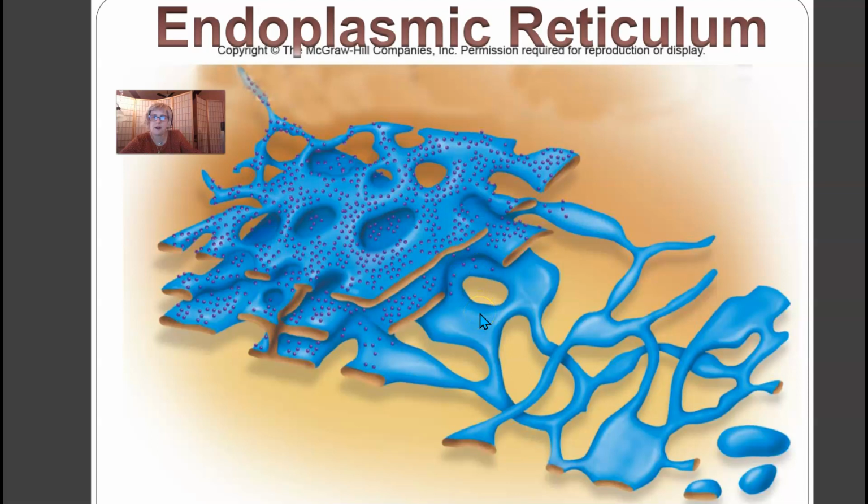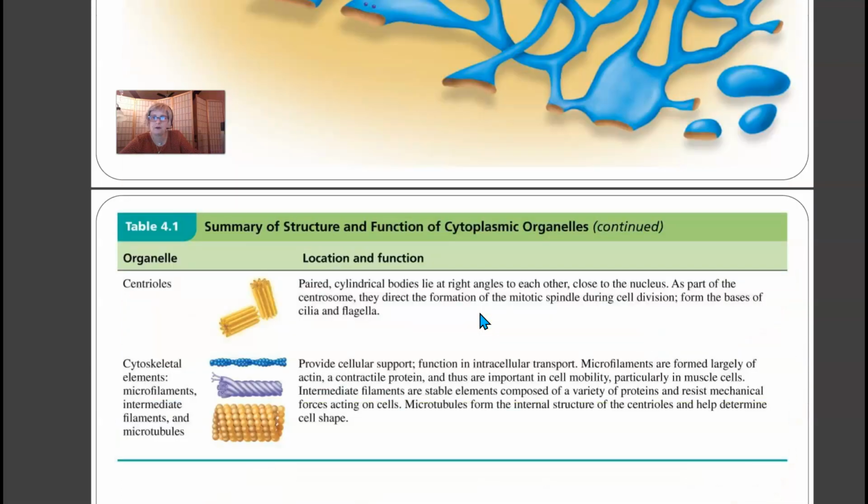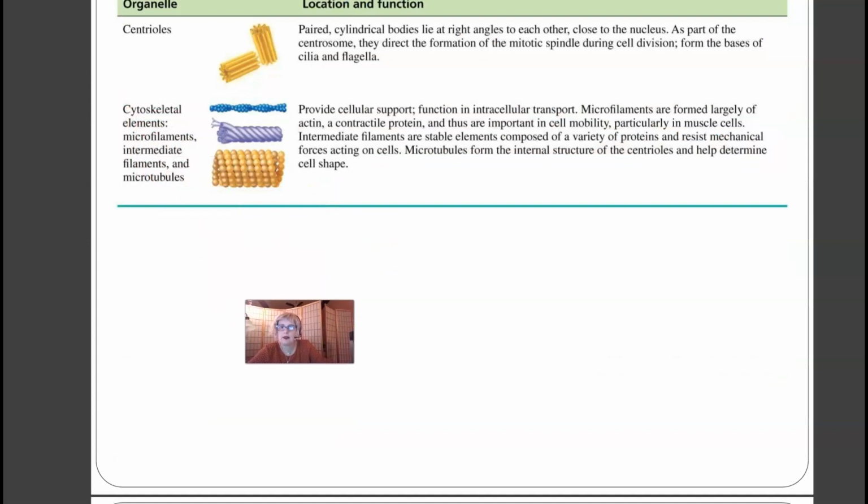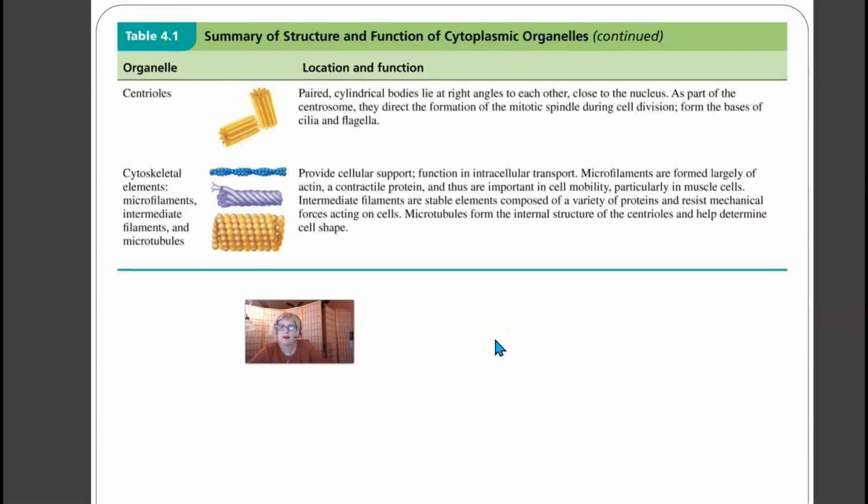Alright, let me move my thumbnail. Again, if you would like to see the definitions, here they are. This is from McGraw-Hill, and I'm assuming you can look this up in your book, but I put it here just so you know the definitions, because you will be responsible for knowing the structures and the functions.